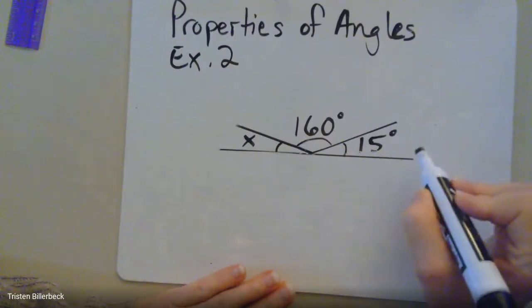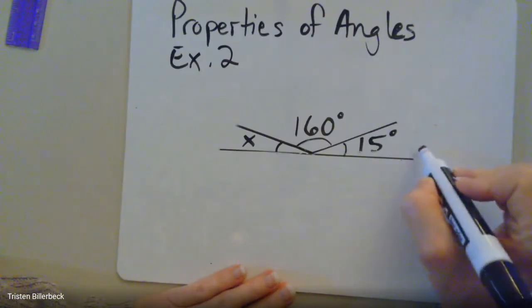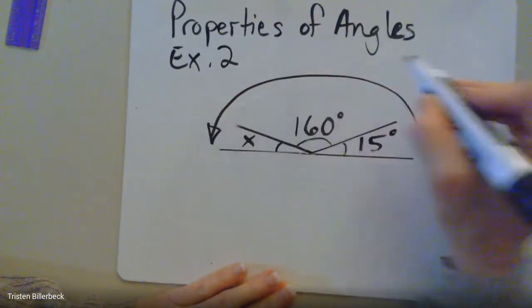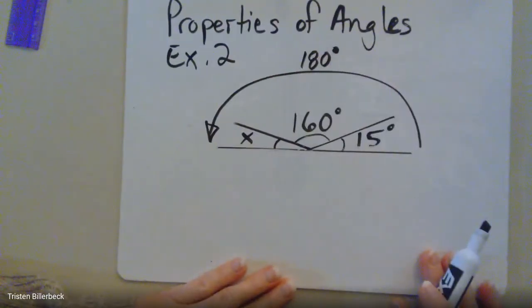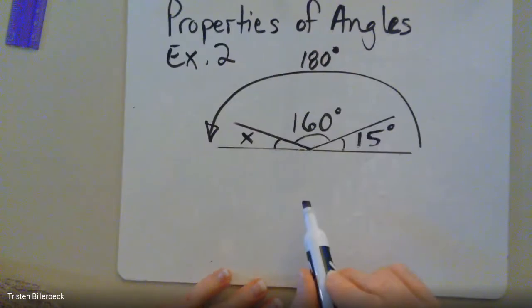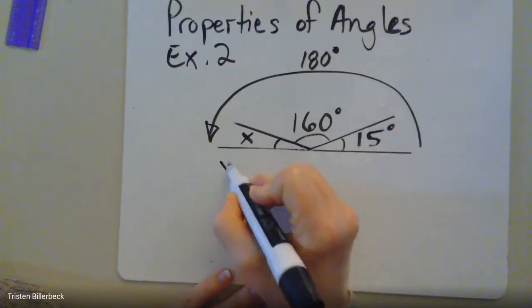So how many degrees is that? If you thought 180, you'd be right. So that is a 180-degree turn, a half turn. So if we add up all these three angles together, these angles should add up to 180 degrees.